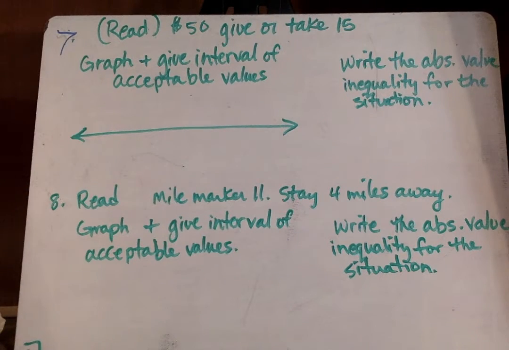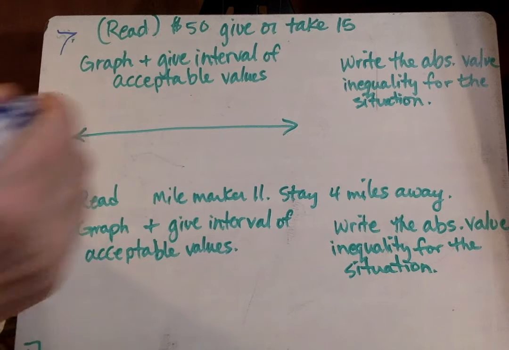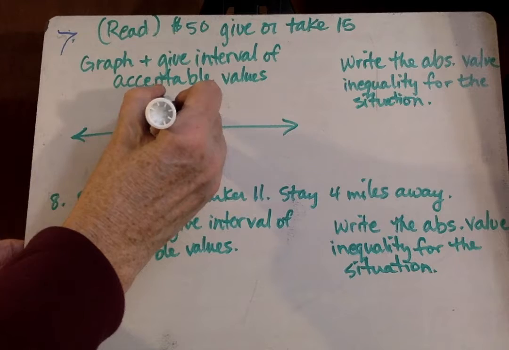You have money in your wallet, but you don't know the exact amount. When a friend asks you, you say you have $50, give or take 15. So our middle of the range is $50.